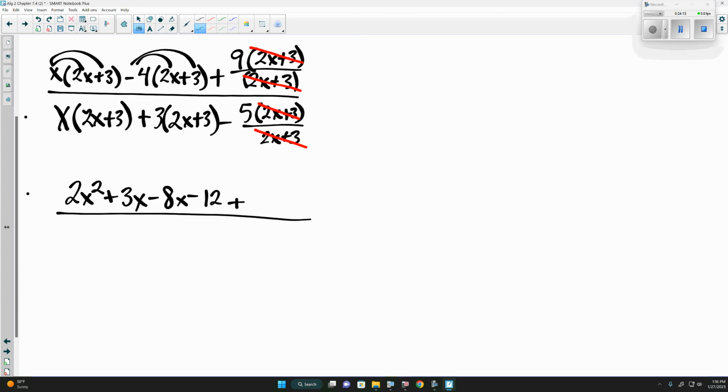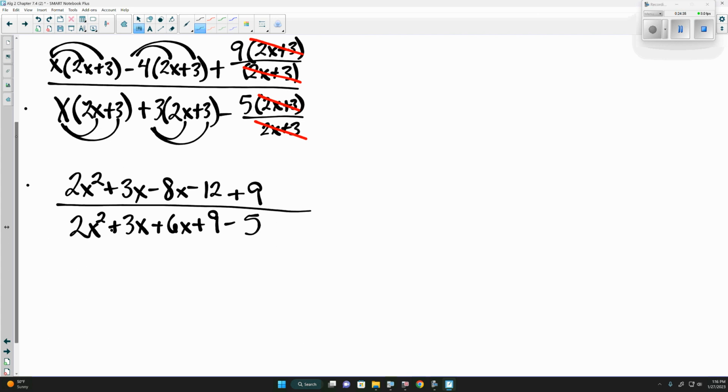Plus 9. The denominator, we can do the same thing. X times 2x is 2x squared. X times 3 is plus 3x. 3 times 2x is plus 6x, and 3 times 3 is plus 9, and then we have -5.